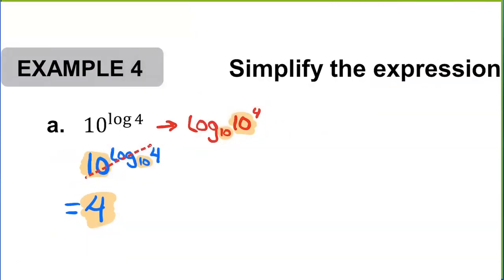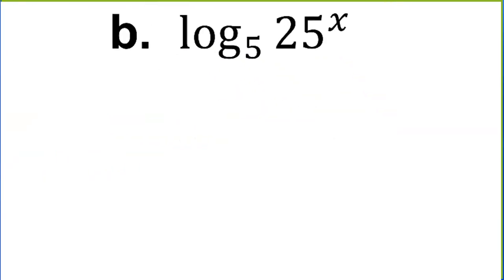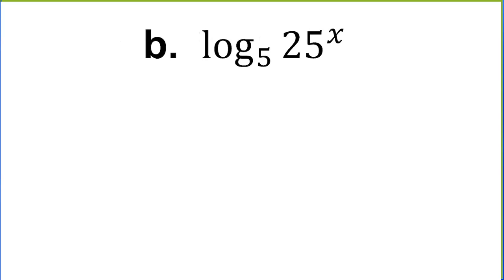So part B, we want to make those match. In part B, we have log base 5 of 25 to the x. How can I make that 25 look like a 5? I hear all the right ideas: multiply by 5, divide by 5, square root. What we want to do is write it as an exponent.